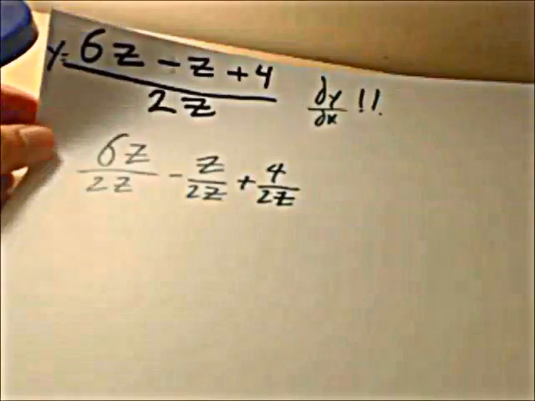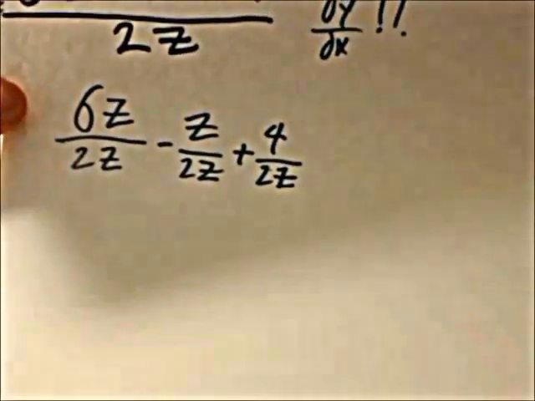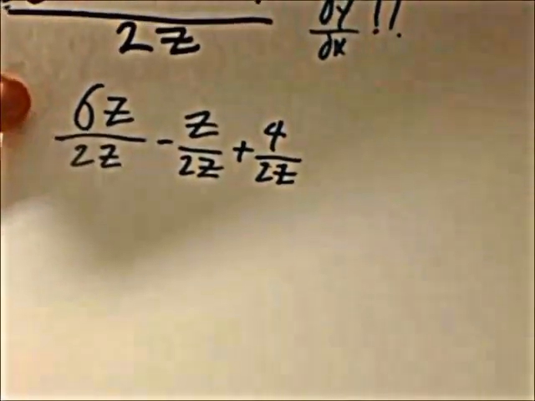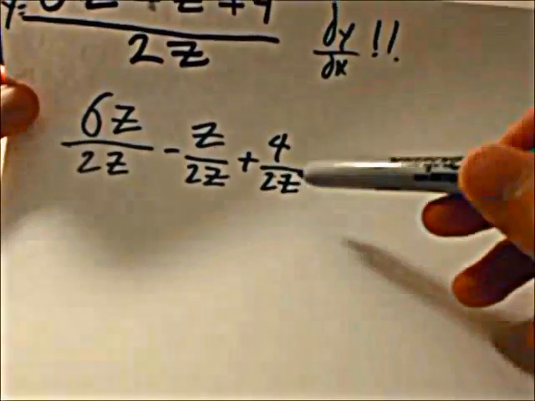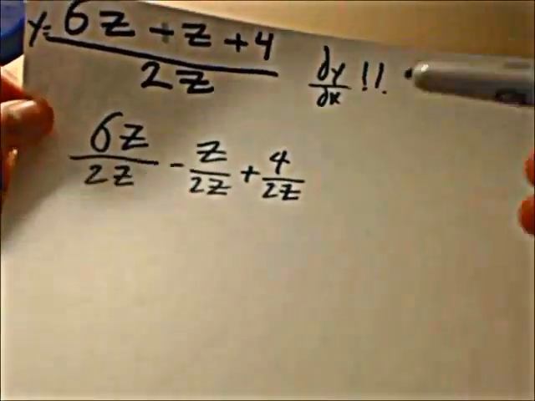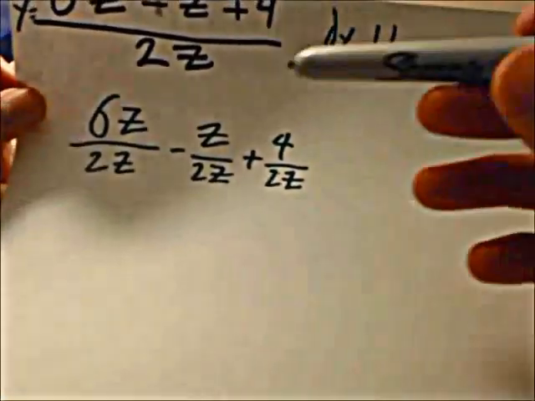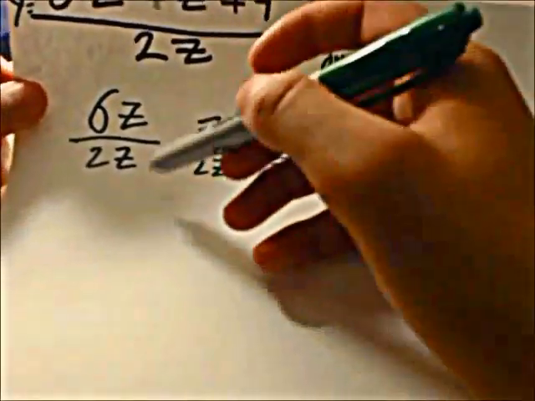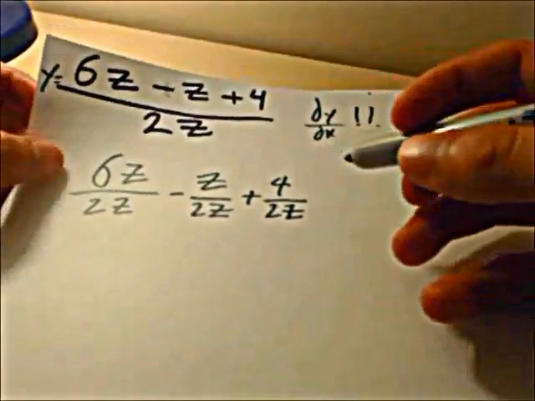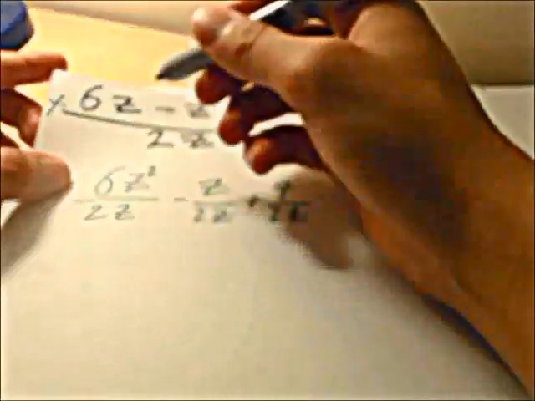So we're left with small pieces, 3 fractions, and we take the derivative of each fraction. That will make our lives a lot easier. But before that, we can simplify here. For the first one, I'm sorry about that, it should be z squared here.